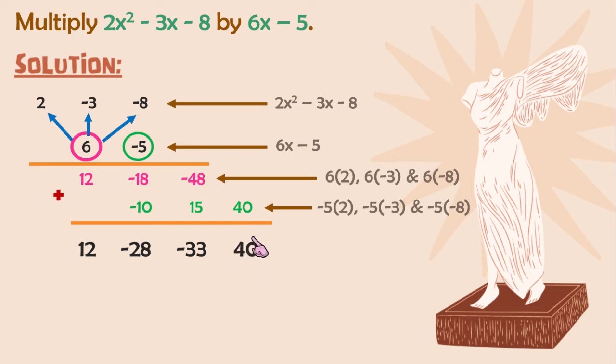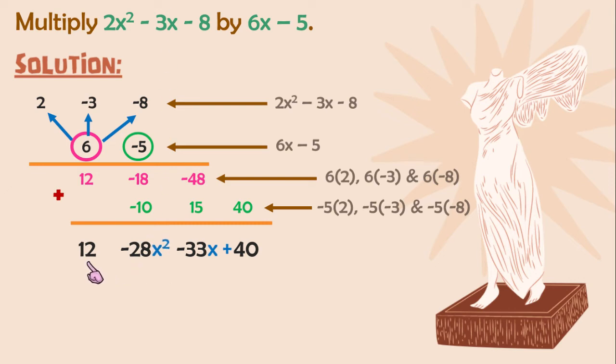So from the right, 40 is our constant term. So we can write plus 40 here. Negative 33 is the coefficient now of the x term. So we can now write x there. And negative 28 is the coefficient of the x squared term.